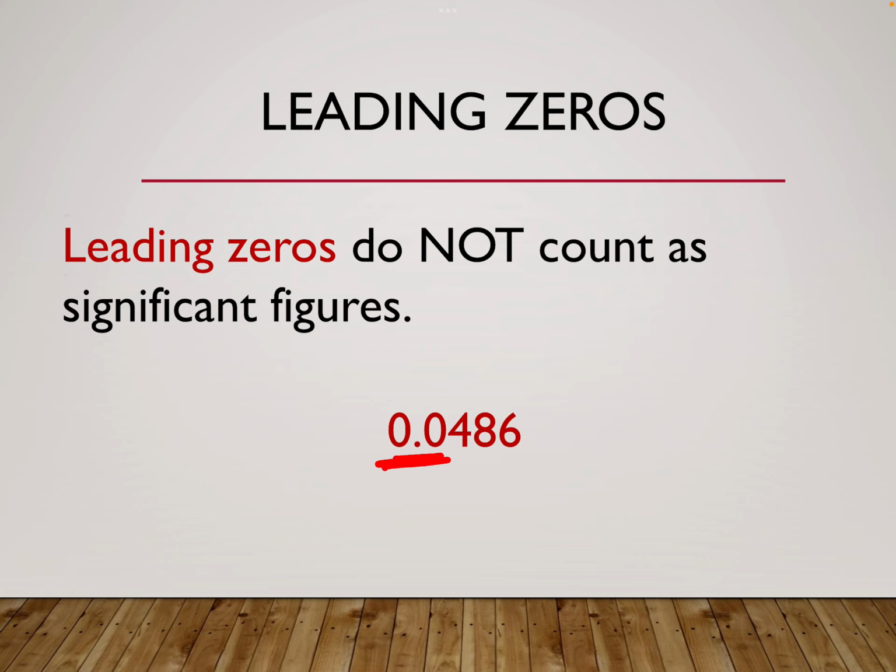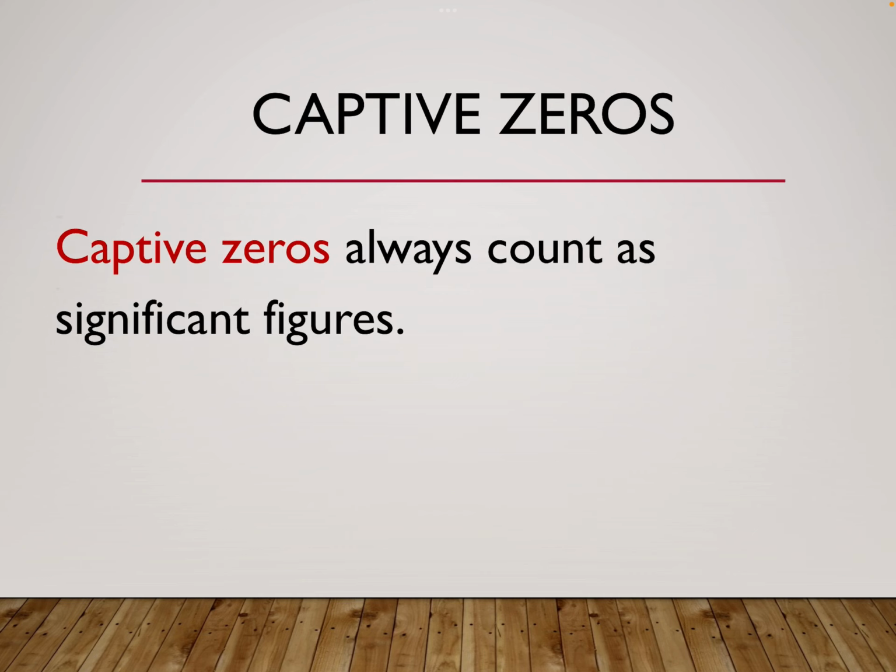Those are placeholder zeros to make sure the other numbers end up in the right place. So this number only has 3 sig figs, the 4, the 8, and the 6. So leading zeros, not significant. Captive zeros, ones that are trapped in the middle, those are always significant. So that one there now has 4 sig figs, 1, 2, 3, 4, because that captive zero is significant.